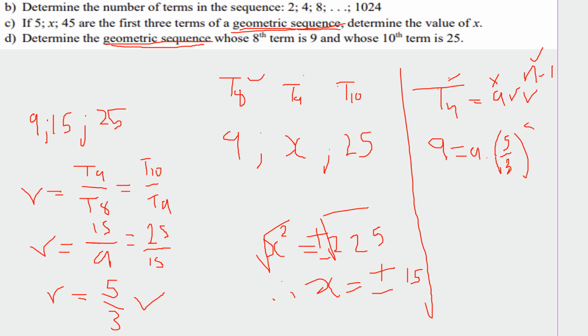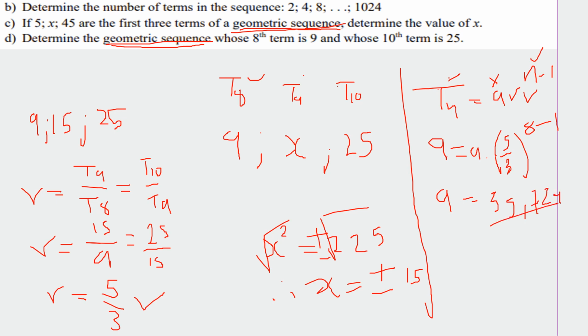So 9 is equal to, let me put this in the calculator, 5 divided by 3 all raised to the power of 8 minus 1, which is 35.72a.